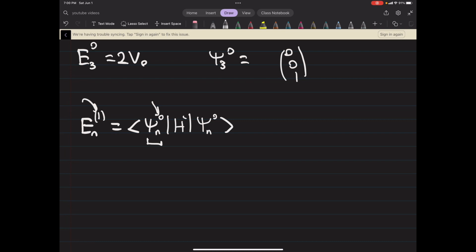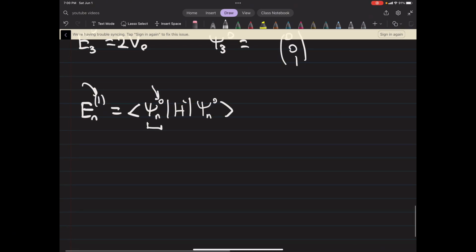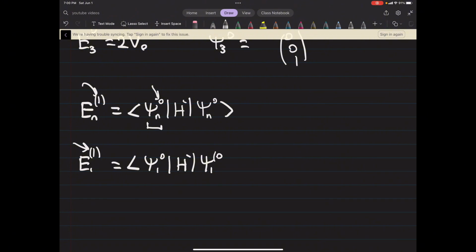Okay? So if we look at the first case, let's just say E sub 1, first order correction. Again, that's what that means. We want our unchanged wave function, our matrix H prime, and again our wave function.